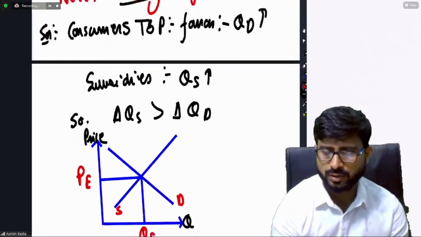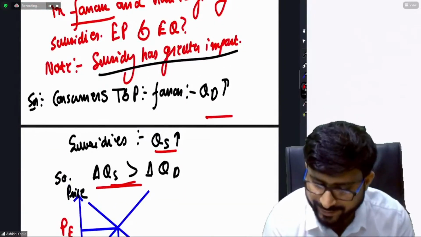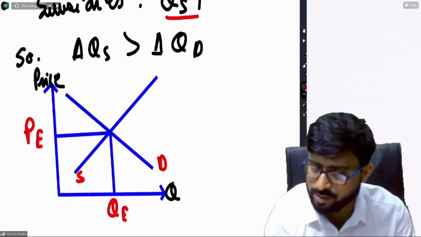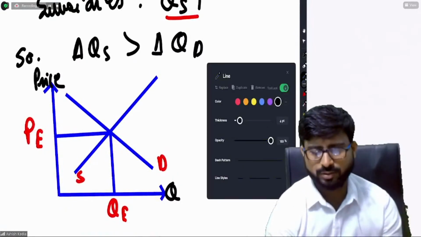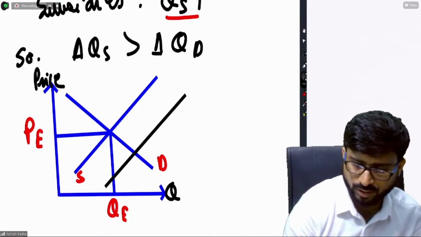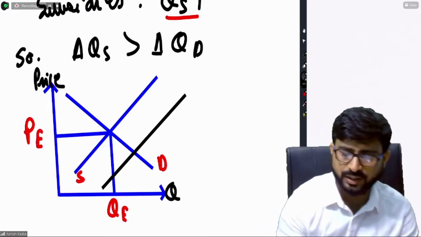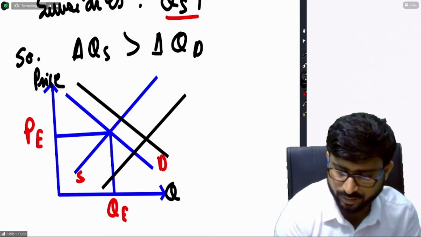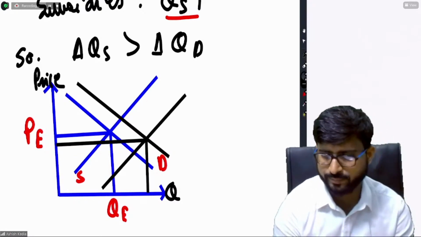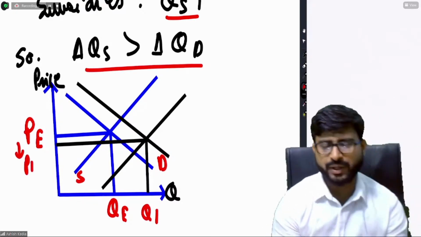Now, what do you get here? Both are rising, but change in quantity supplied is greater. So, supply will shift towards the right, but with a larger change. So, a greater impact. Demand is also rising, obviously, I get it, but with a lesser quantity. So, you all can see it here. As expected, quantity is rising, but equilibrium price is falling.